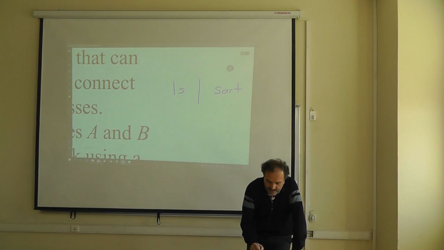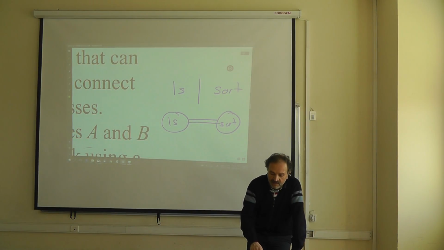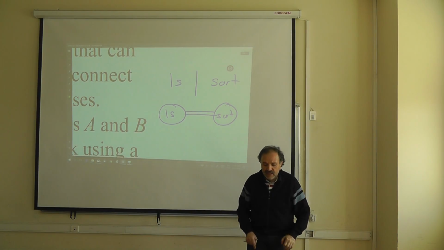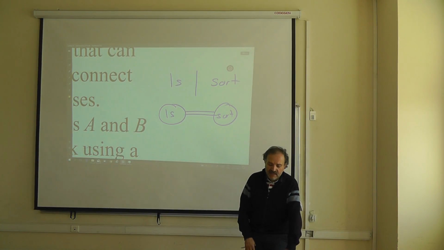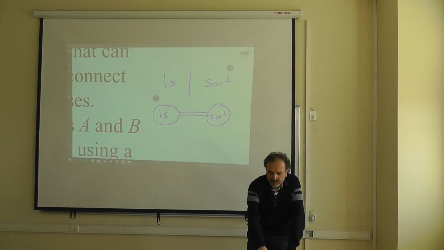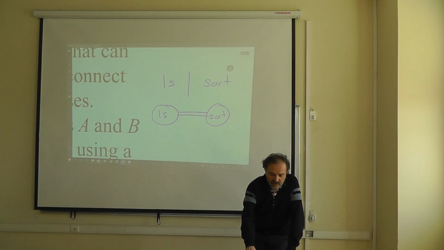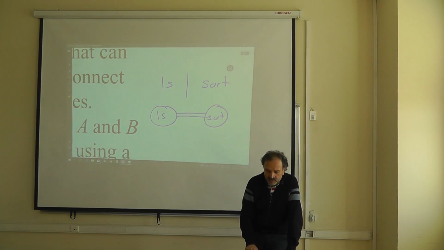It creates two processes, ls and sort, and it connects them with a pipe. Whatever ls is printing to the standard output is piped to a file, and sort takes that pipe as its standard input.